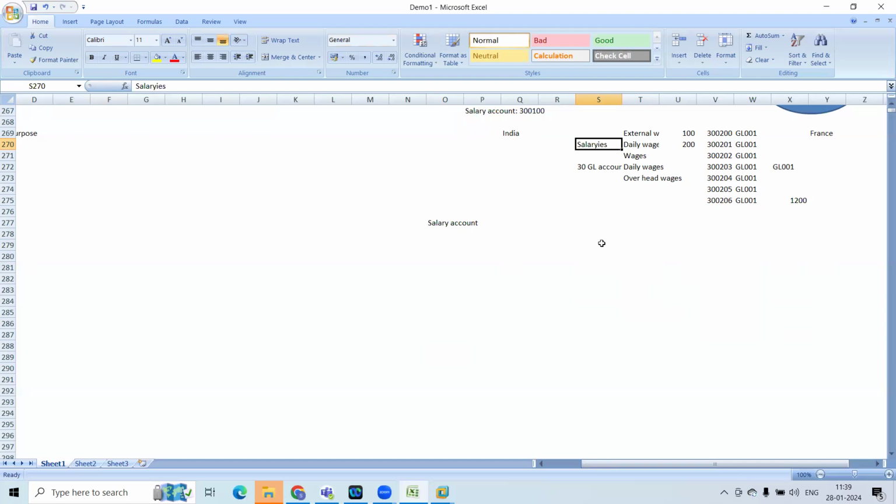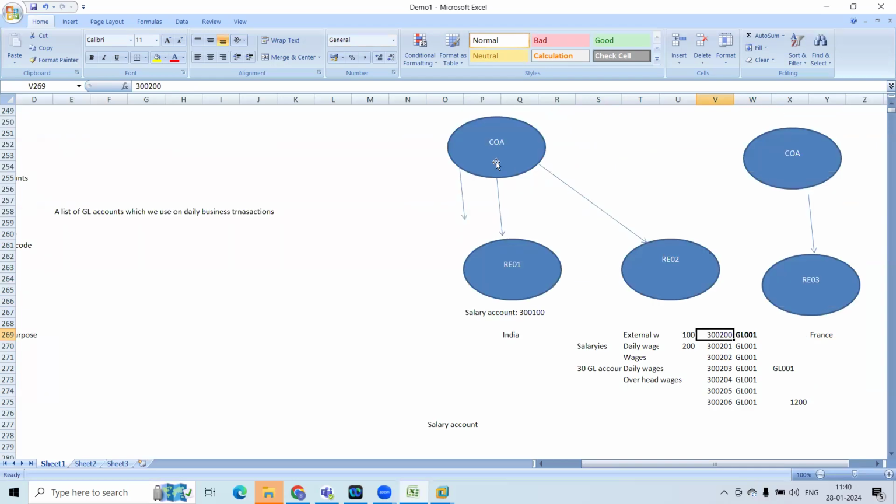To avoid that, you will create the GL account 300200 only, but you will update your group GL account number in the GL account. We have an option to update inside of this GL account. We'll update this GL001 inside of 300200, I mean inside of your chart of accounts.